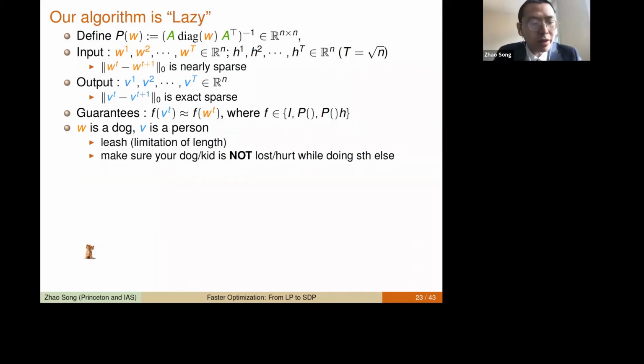So here is a more concrete example. Let's say this is the initialization location of the dog. At the beginning, you choose your human location to be this blue ball, the same location. When your dog moves and the leash is going to break, the human needs to move. When the leash is not going to break, the human doesn't need to move. So sometimes when the dog moves, the human moves, and sometimes the human doesn't move.